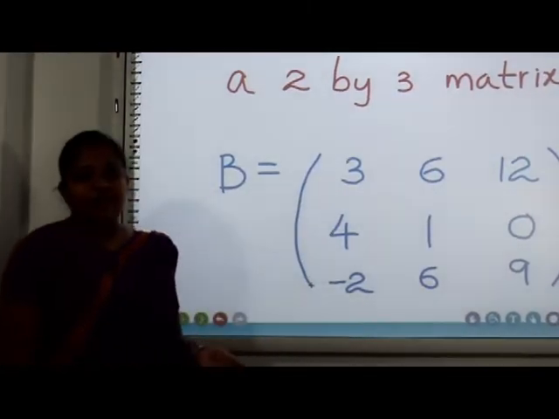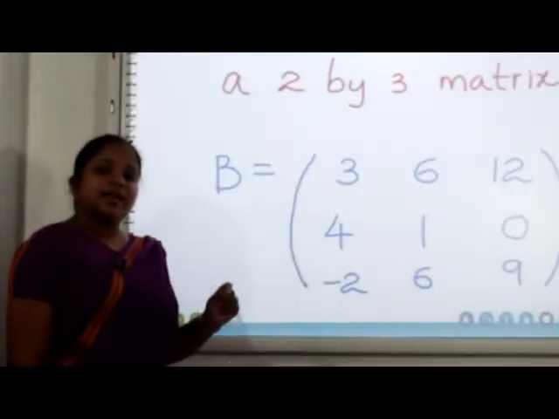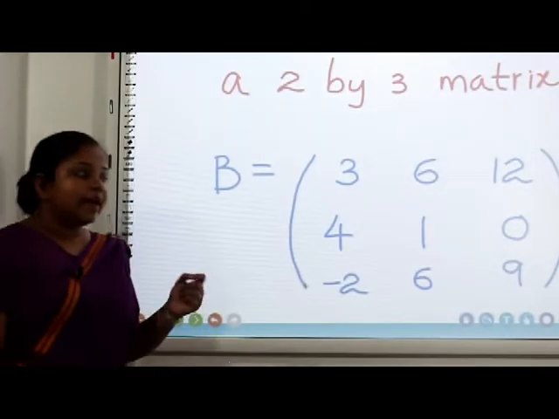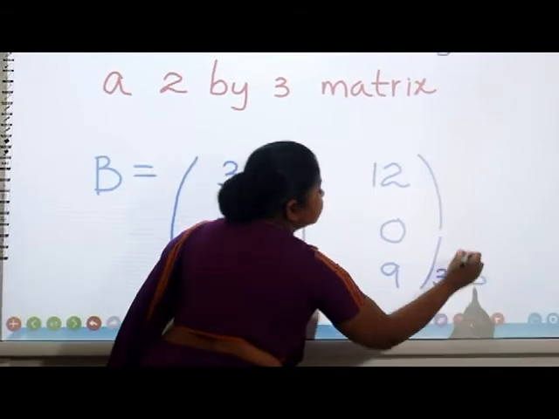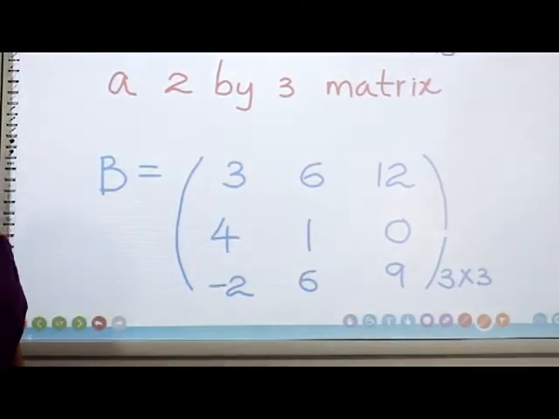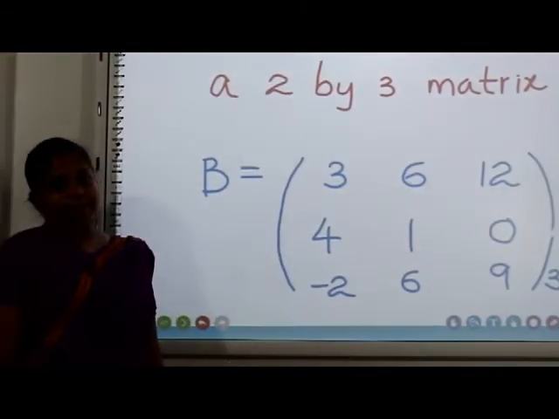Then you can say that B is a 3 by 3 matrix. Then you can write the order 3 by 3. Now this matrix is a 3 by 3 matrix.